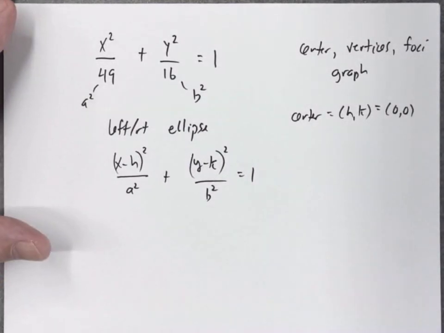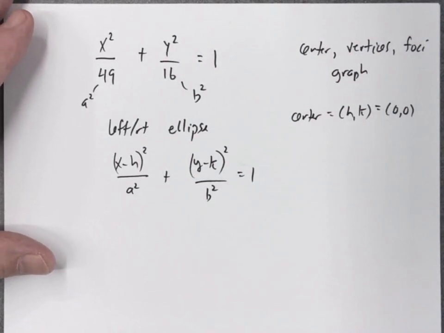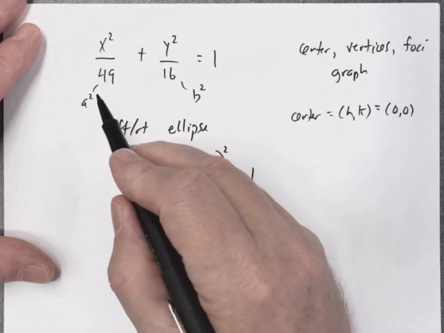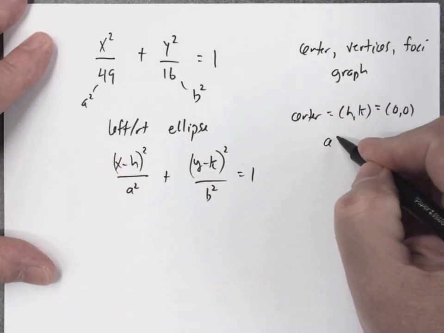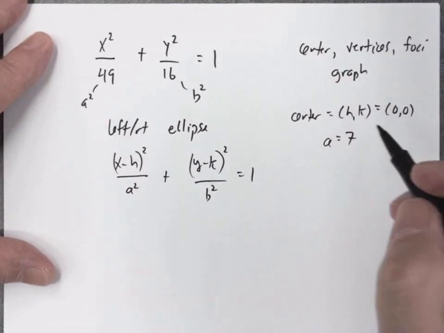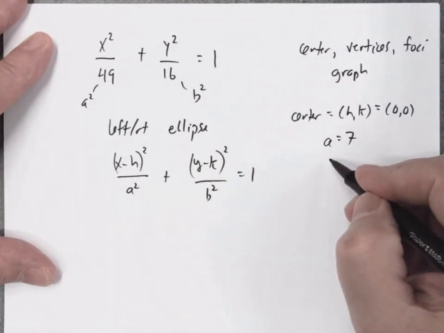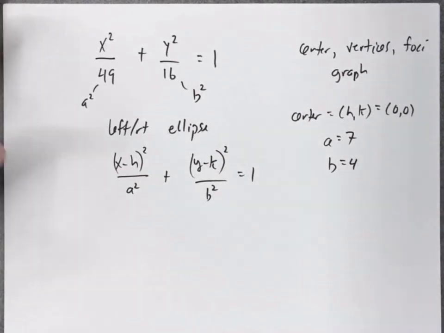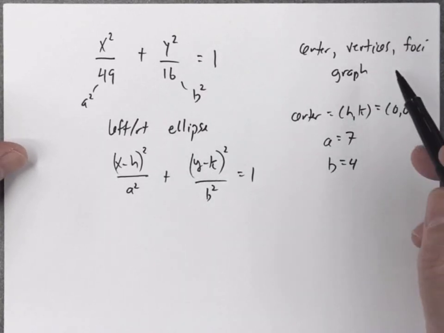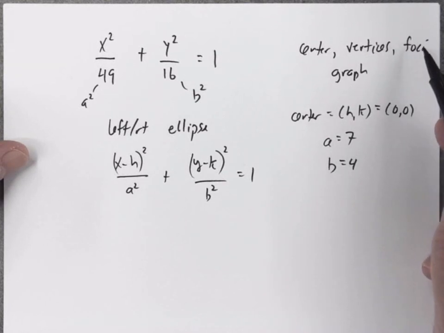So the center of this ellipse is at the origin. The major vertices are based upon the value of a equals 7, and while we're doing this, b equals 4, and now we have everything we need to sketch the graph of the ellipse. So let's sketch the graph, then we'll fill in the value of the vertices, and then we will have to do one more calculation to find the foci.